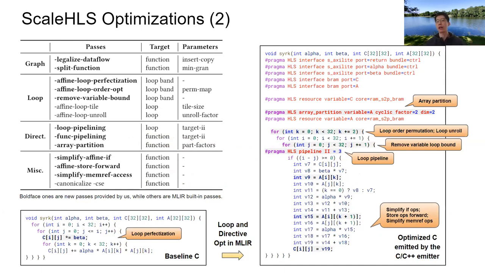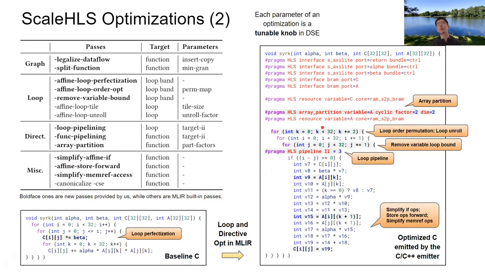And we also have store op forwarding and simplify memref ops to remove those redundant memory access operations to further improve the quality of the design. So here, this code is already optimized by those optimization passes. All right. So after applying all of these passes, we have an optimized and synthesizable C code.